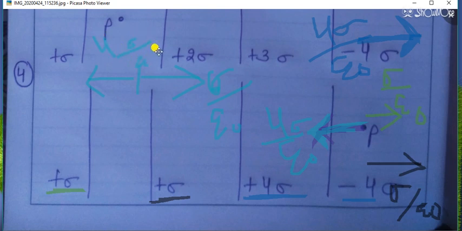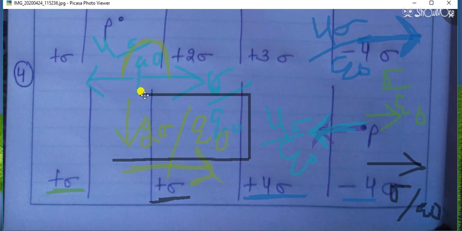So we get the resultant by subtracting one from the other because they are equal but opposite in direction, a 180 degree angle is there, so we get the resultant in the greater direction. So the resultant will be towards the right. Its magnitude will be 6 minus 4, so the resultant is 2 sigma by epsilon naught. This will be the answer for question number 4.